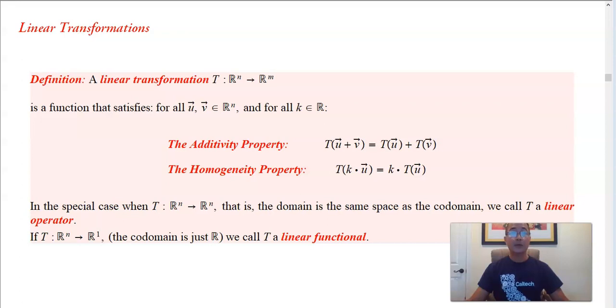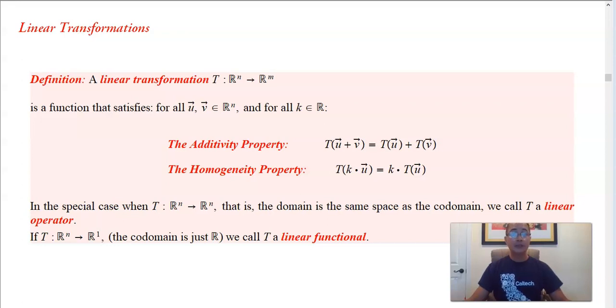So T of the quantity u plus v has to be the same as T of u plus T of v, and we have the homogeneity property. T of k times u has to be k times T of u. So we also say that T is additive and T is homogeneous.